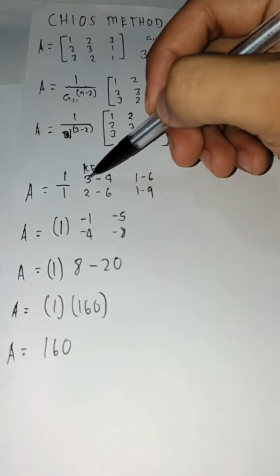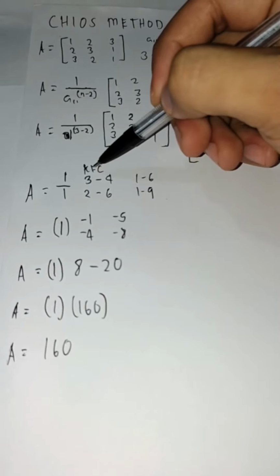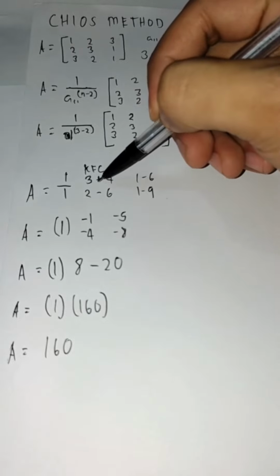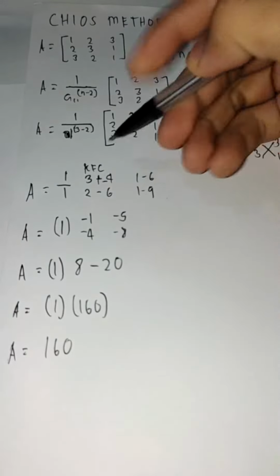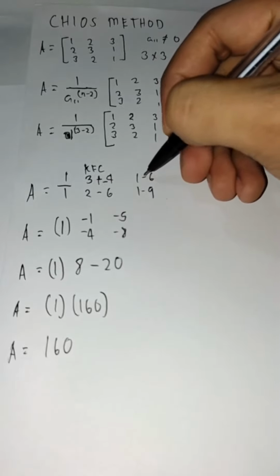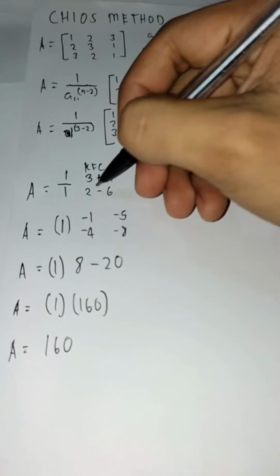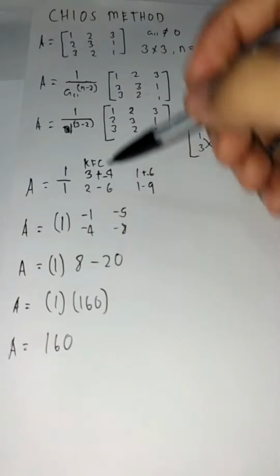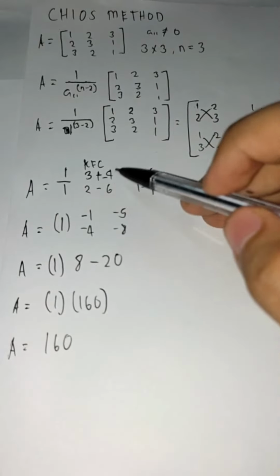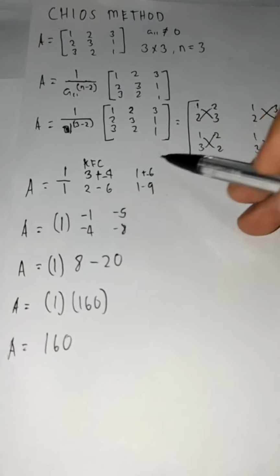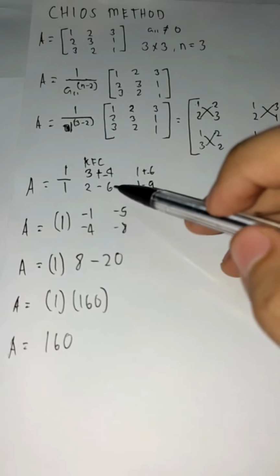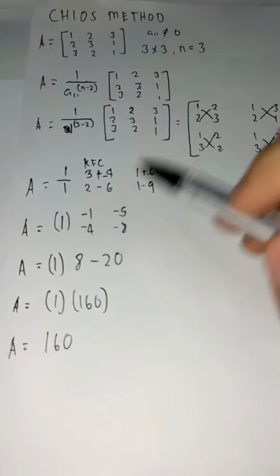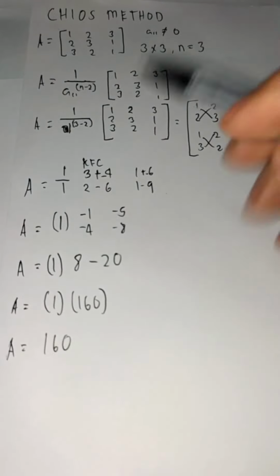Keep yung sign ng 3. Ito naman, magiging positive siya. Ito, magiging negative. Ganun din sa kabila. So, 3 minus 4 is negative 1. And 1 minus 6 is negative 5. 2 minus 6, negative 4. 1 minus 9, negative 8.